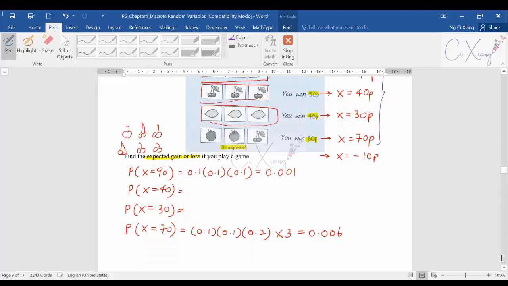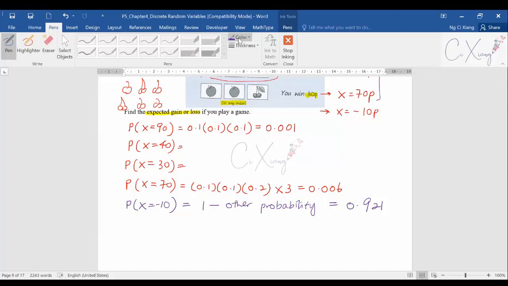Okay, so to get the probability for x equals negative 10, you use 1 minus the other probabilities. Then you should be able to get 0.921.